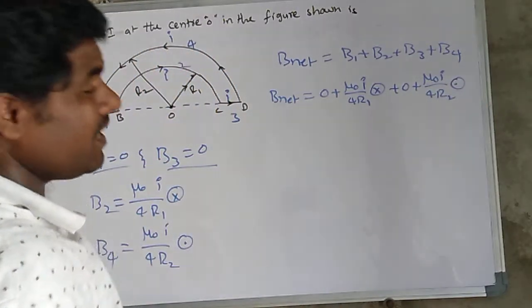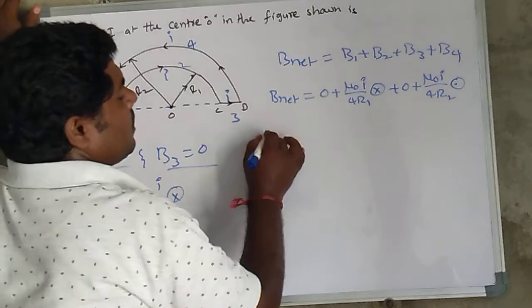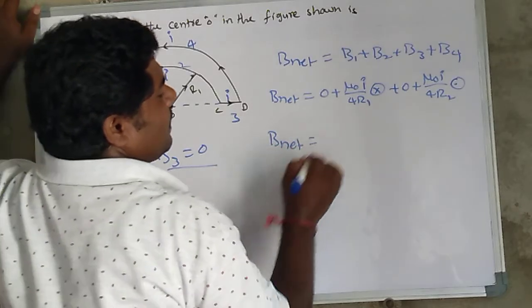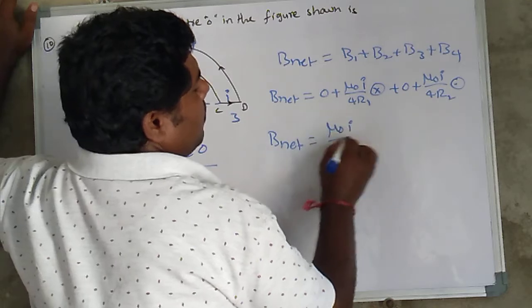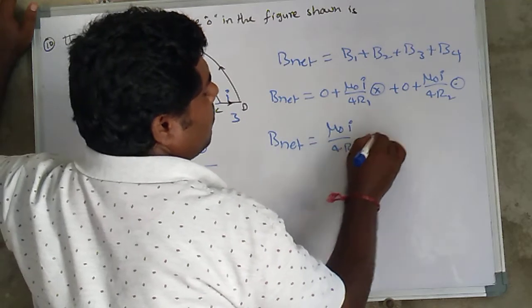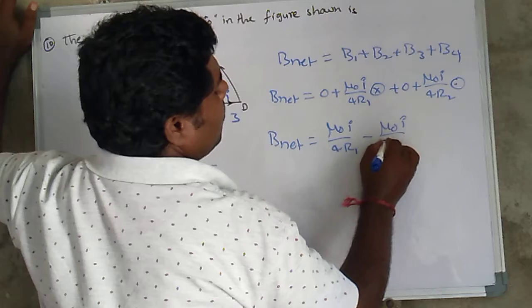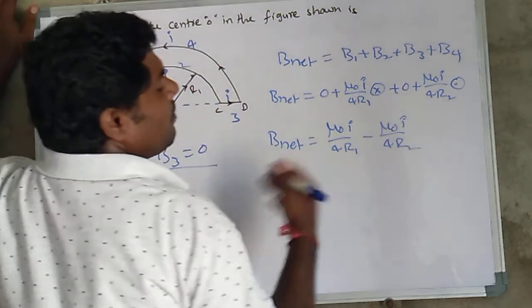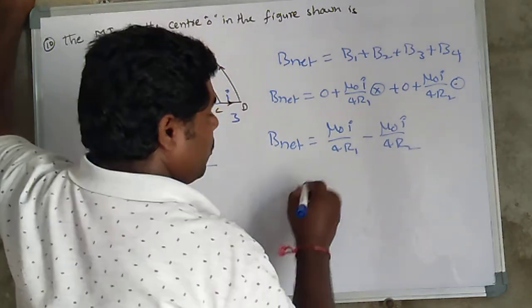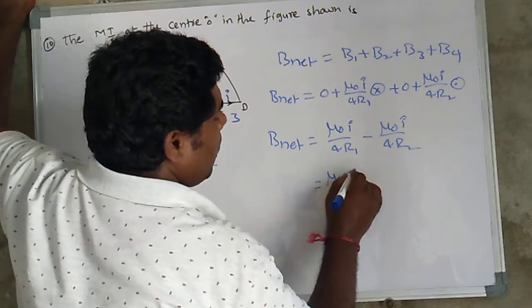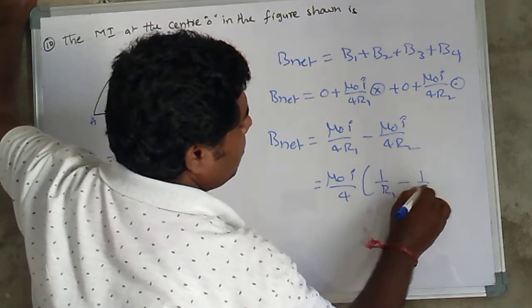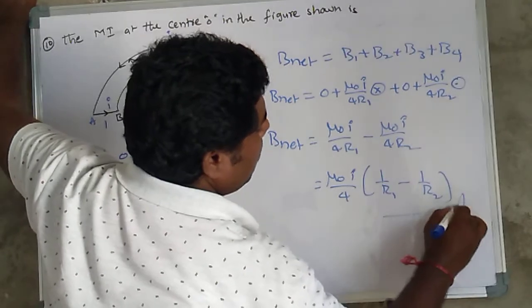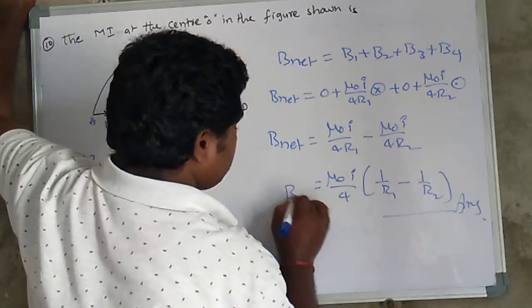Outward means minus, inward means plus. That's why the net magnetic induction at point O is mu naught I divided by 4 R1 minus mu naught I divided by 4 R2. You may take out common mu naught I by 4, so it is mu naught I divided by 4 into (1 by R1 minus 1 by R2). This is the answer to the question.